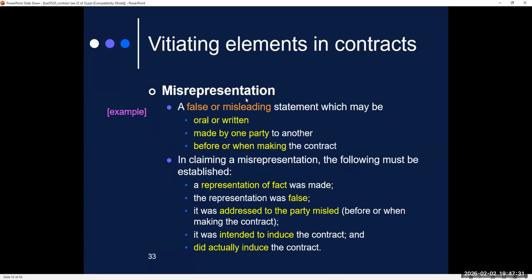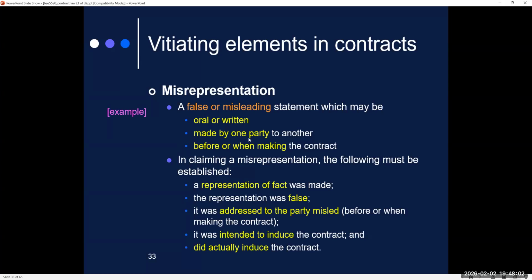Misrepresentation. It's not actually mistake, but misrepresentation. What does it mean? It is false, not true, or misleading, and it can be made orally or in written form.